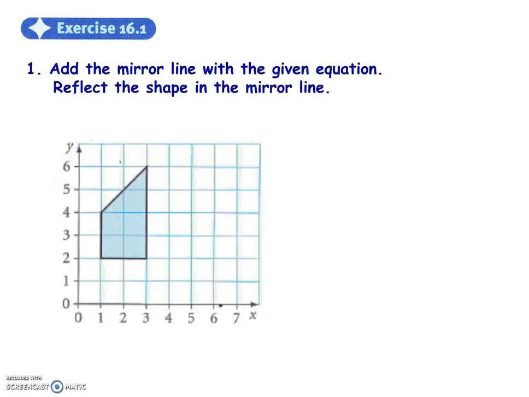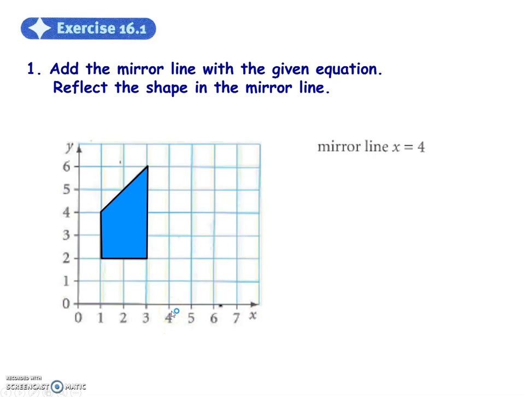Alright, now draw the mirror line with the given equation and reflect the shape in the mirror line. Now for this question, the mirror line is not drawn for you. You have to draw the mirror line x equals 4. Now, x equals 4 means that you look at the x-axis and find number 4, which is right here.